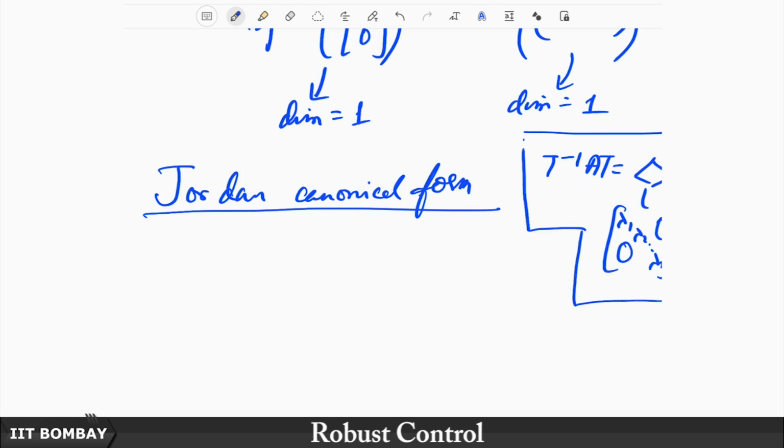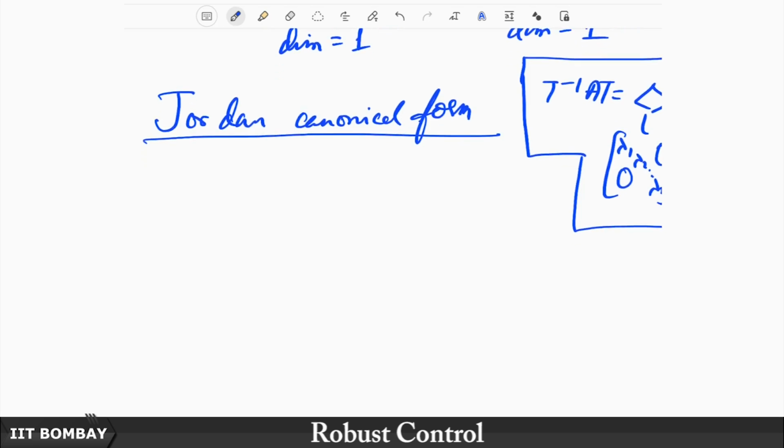But now that such hopes have been dashed, we know that when at least one of the eigenvalues of a matrix does not have the same geometric multiplicity as its algebraic multiplicity, then there is no hope for getting this diagonal form. So, then we shoot for a Jordan form, which is nothing but a generalization of the diagonal form. It is a block diagonal form.